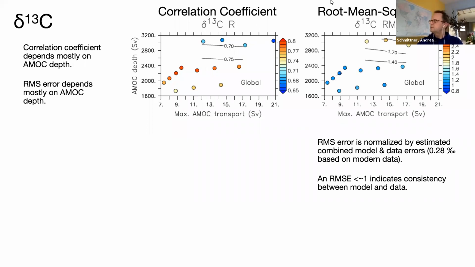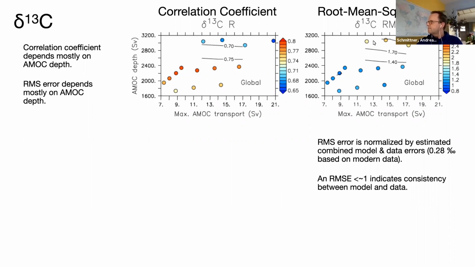And that is also true for the RMS error shown in this figure here. For RMS error, we want lower values. So lower values are more consistent with the data, indicated in blue here. And now you can see blue for all these shallow AMOCs, but no matter what their strength, they all have similar RMS errors.